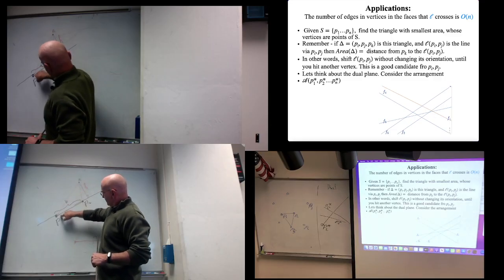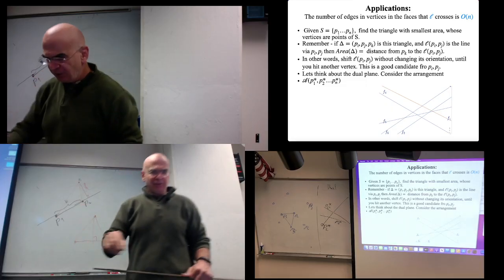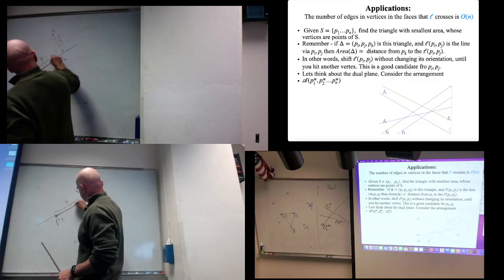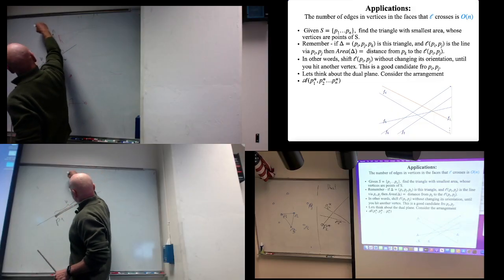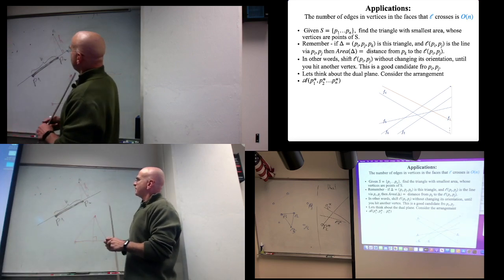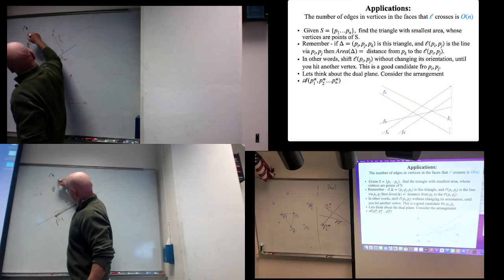Don't care, as long as P1 and P2 are, that will be the base of the triangle. For a while, I don't change my opinion about P1 and P2. That will be the base. But now there are various other points. Pi, Pj, Pk, Pl, lots of other points.